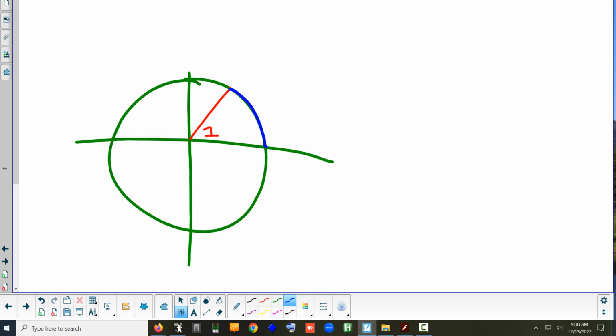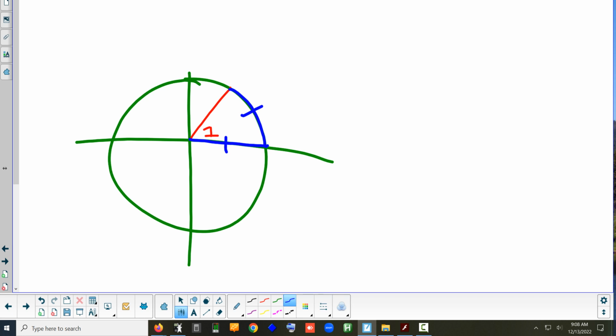Does anybody remember, if this angle is 1 radian, what this arc is the same as? It's the same as the sides of the angle, like the terminal side and initial side. Yeah, that would be the radius. So that's a special fact that's true if you draw an angle of 1 radian. The arc size and the radius size are equal.